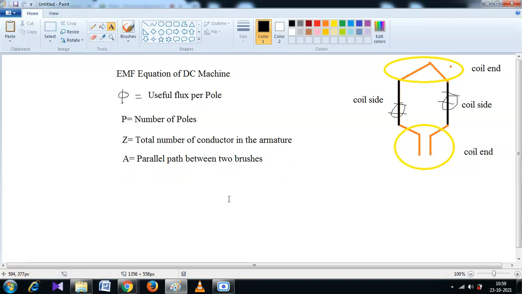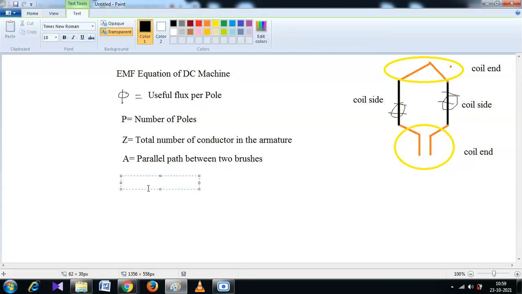Suppose we have 100 conductors and the number of parallel paths is 2.